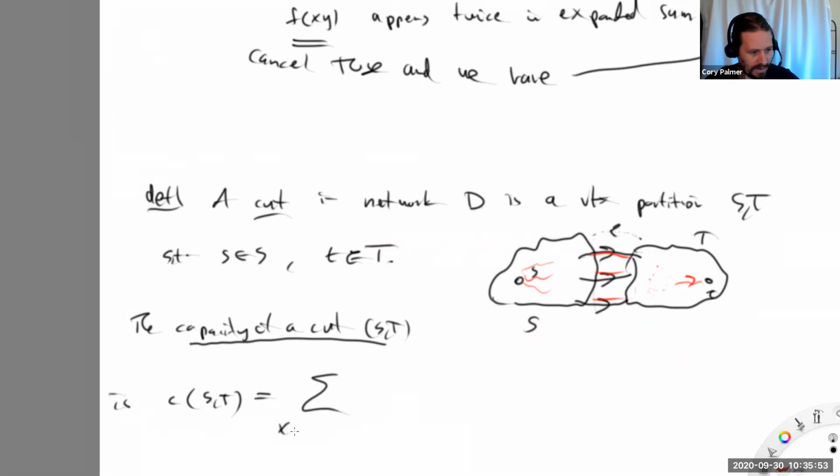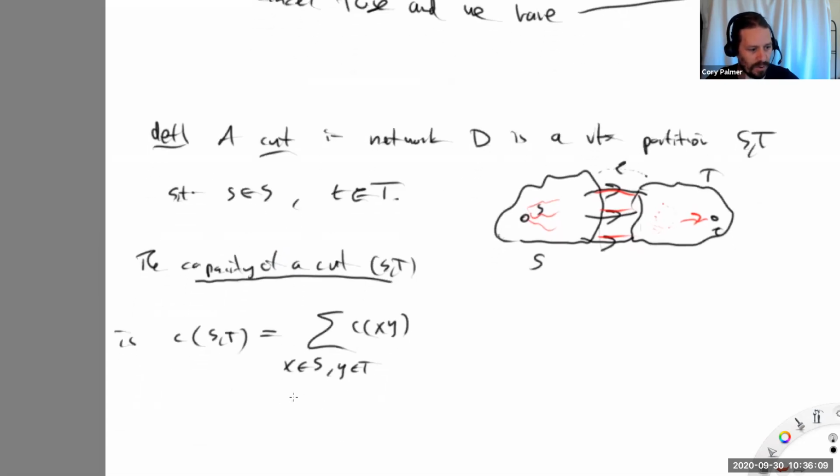Okay, so let's say x is in S, y is in T, and we just compute the capacity of arc (x,y). The capacity function was defined on an arc. So to be strict and formal, (x,y) should be an arc as well, right? If I grab a vertex here and a vertex here and there's no arc between them, then there's no capacity function associated.